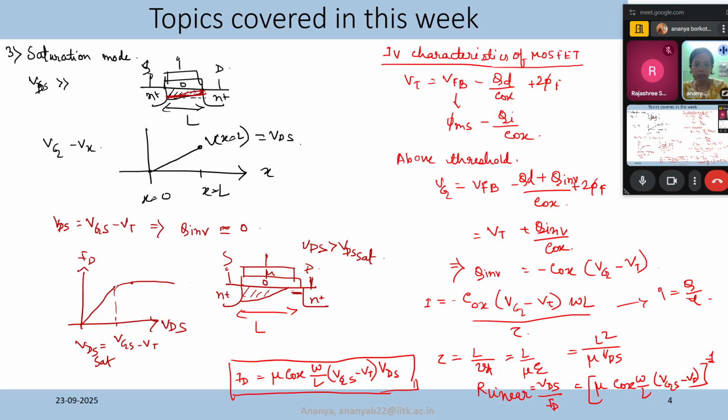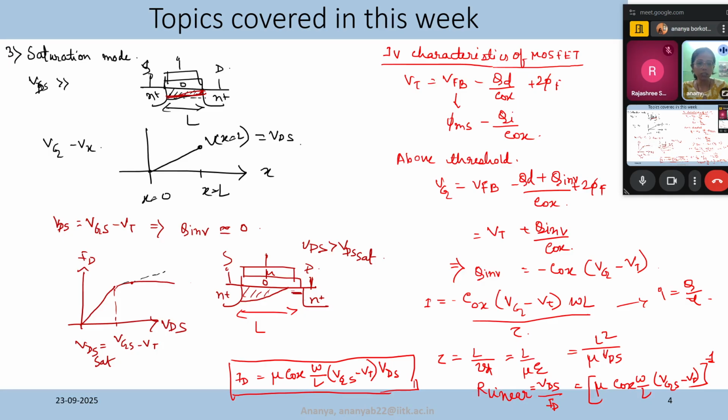So ideally it is a constant current, but practically we get a bit more current than this. This is known as channel length modulation. If this is in the curriculum for next week, then we will discuss it in detail next week also.